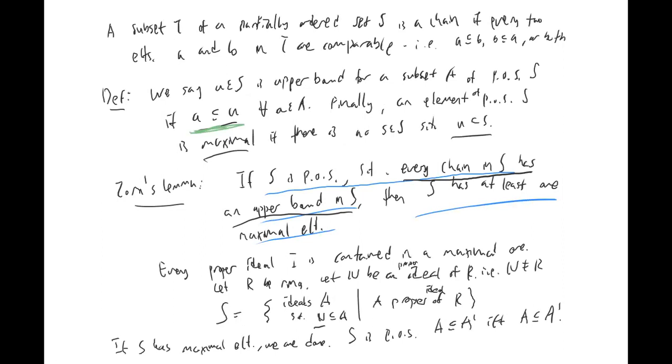But we need to show it's an element of S. And S in our case is the set of proper ideals that contain N. The fact that it's proper is clear, so really the only thing I need to check is that it's an ideal.